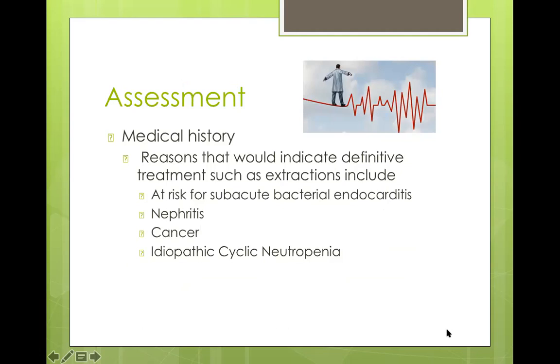So you need to be really careful that this patient doesn't have any underlying medical history. If the patient is at risk for acute endocarditis or nephritis or cancer, or if they have some sort of neutropenic condition, you may want to extract that tooth, get rid of it, versus trying to do pulp treatment to preserve that tooth.